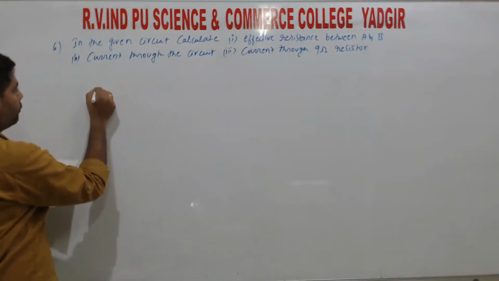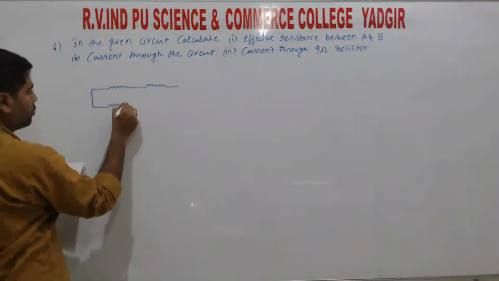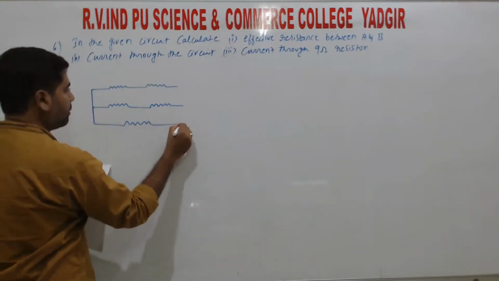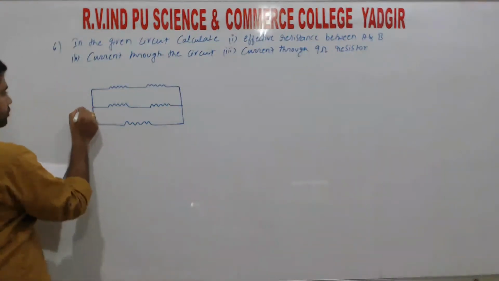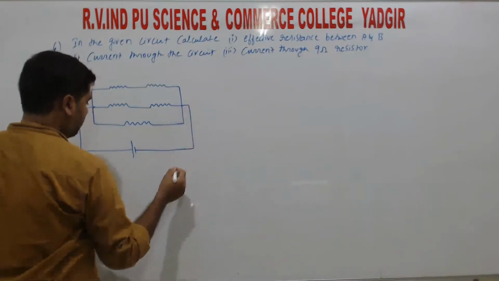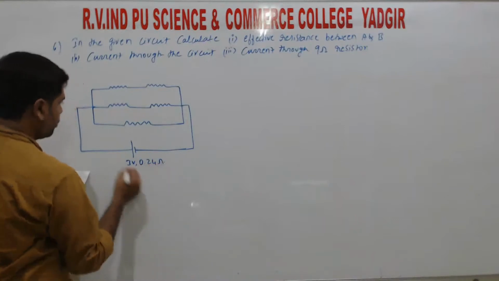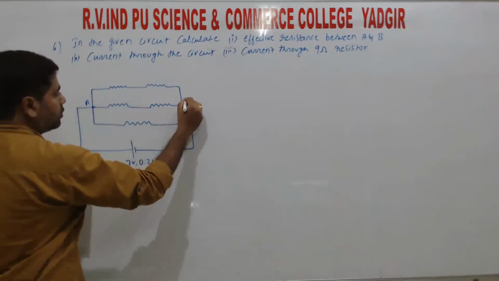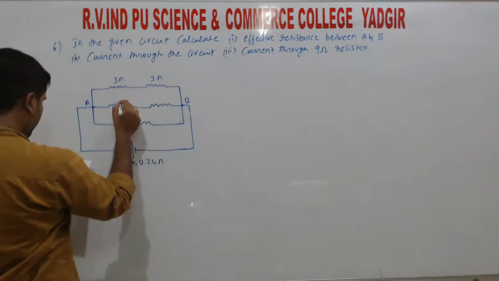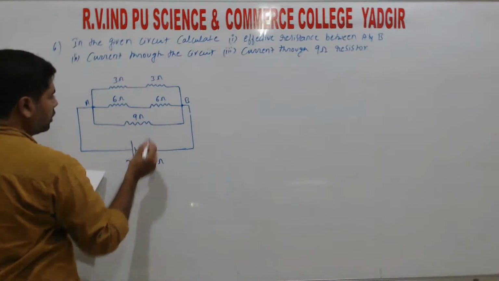So the circuit, the point is A, 6 volt, 6 volt and 9 volt, right?